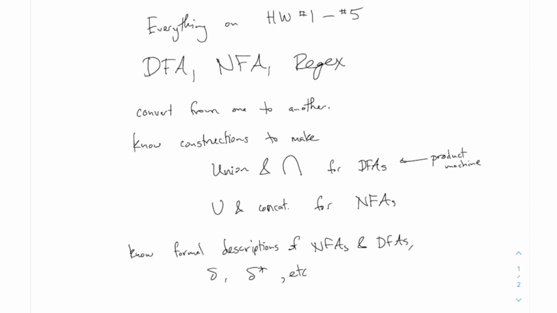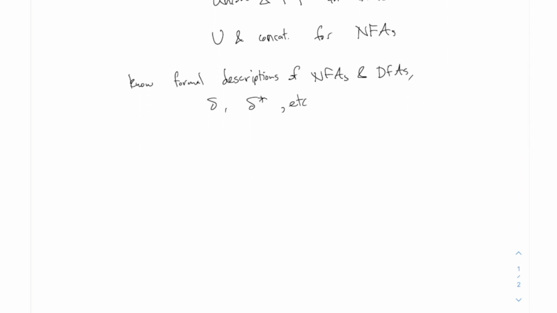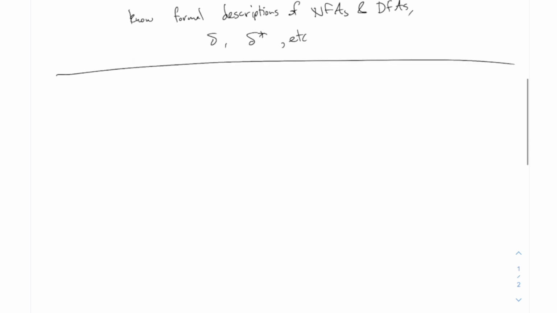Yes? Could you just give an example of concatenation for NFA? Sure. Concatenation for the NFAs. You might use this. I mean, I could just tell you directly to concatenate 2 NFAs together, in which case there's not a lot to it. But you might use this to do something like, here is a language.